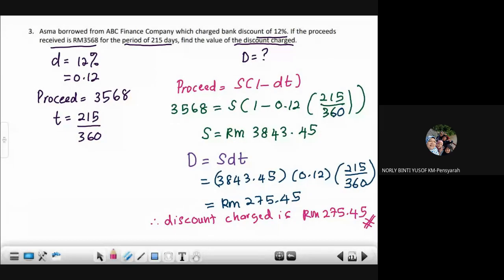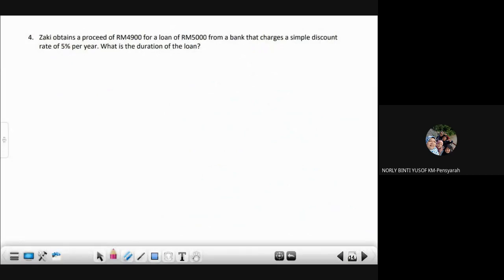And then we go for example 4. Okay, Zaki obtain proceed for 4,900. So tulis proceed, maklumat lah firstly. And then for a loan of 50,000, loan means S 50,000 from a bank that charges a simple discount rate 5%. So that your D 5%, that means 0.05.